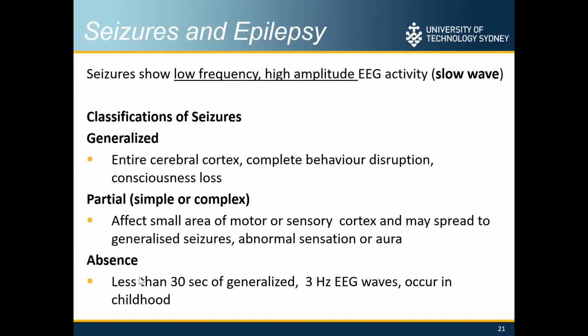And lastly, you've got the absence seizure, which is characterized by having 30 seconds of generalized seizure, and you have the synchrony of these signals into 3 Hertz EEG waves, and these are mainly seen in childhood individuals.